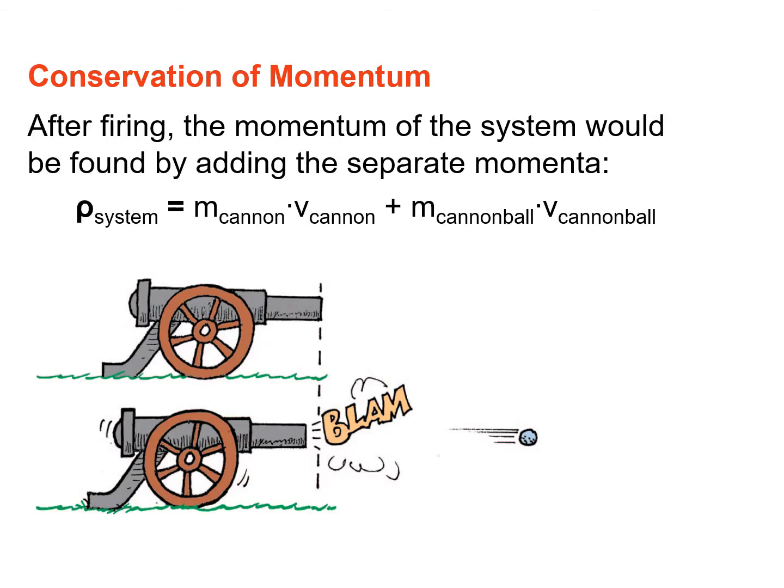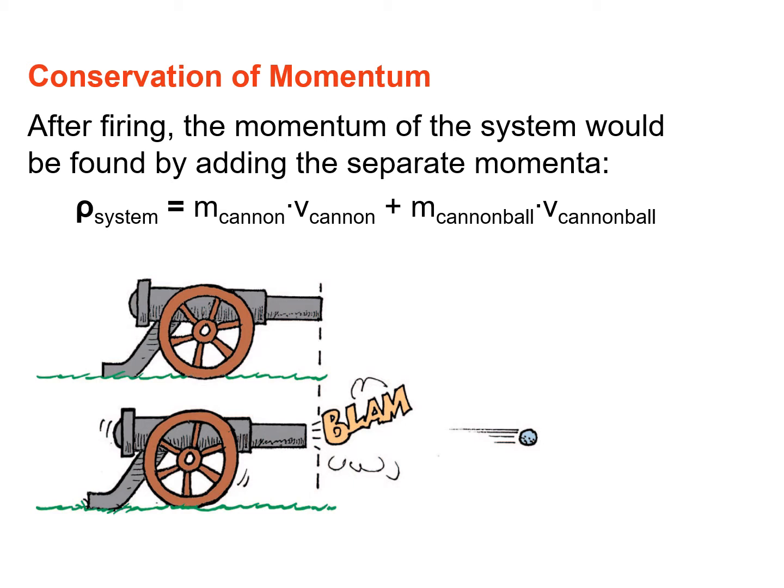Now after firing, the cannonball certainly has momentum. And as we saw in an earlier lesson, the cannon also goes backwards. And so it would have some momentum as well.